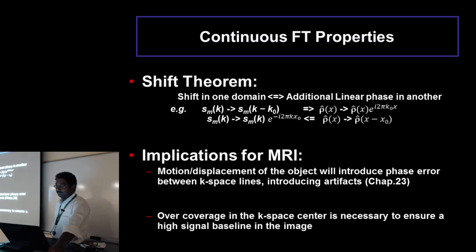So you would see that the complex signal is affected by quite a few processes of acquisition, and typically you will have certain phase effects. One of the ways to understand the phase effects is to look at the shift theorem. If you have a linear phase in one domain, that essentially translates to a shift.